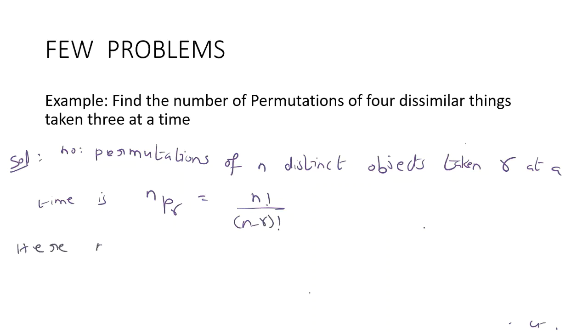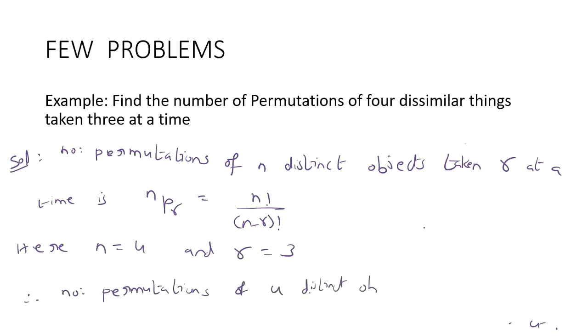Here our n is equal to 4 and r is equal to 3. Therefore, the number of permutations of 4 distinct objects taken 3 at a time is equal to 4P3.